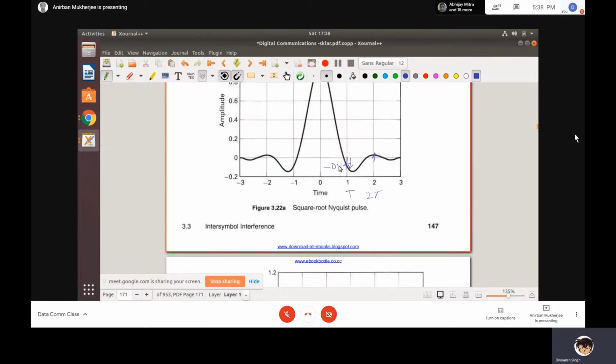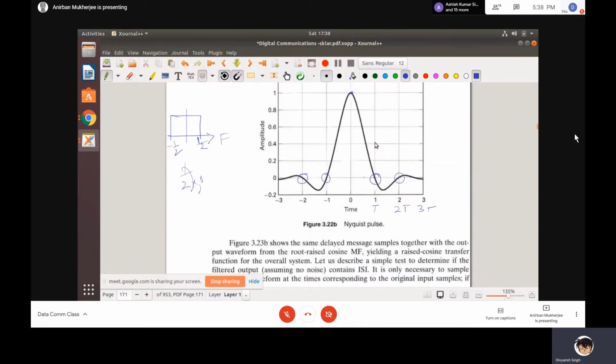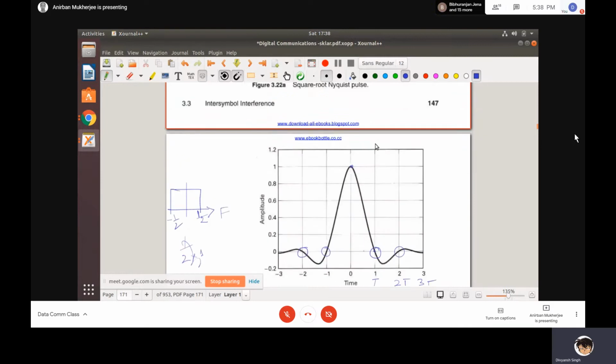So this one is much sharper than the normal Nyquist pulse, the raised cosine pulse, which is a raised cosine with r equal to 0.